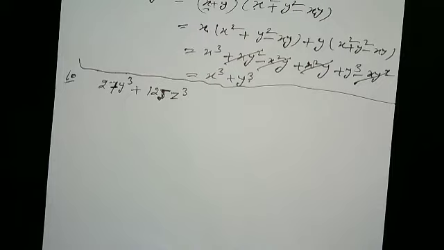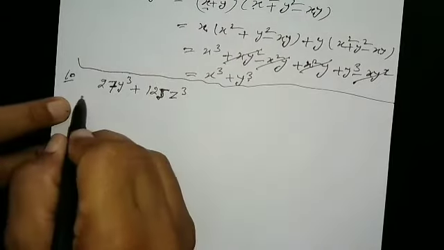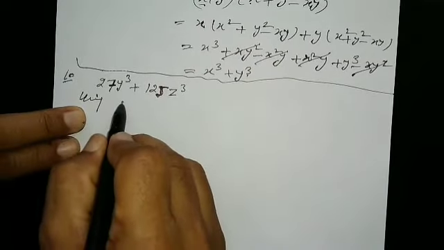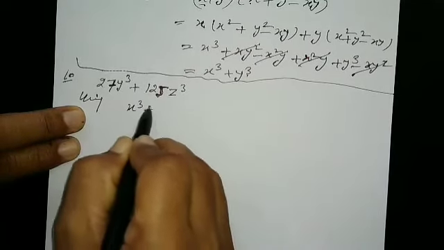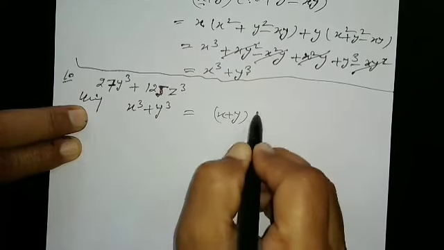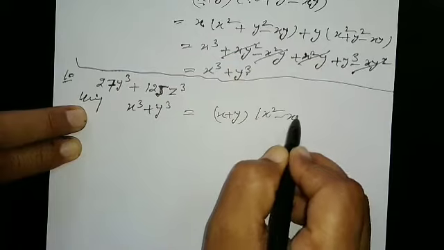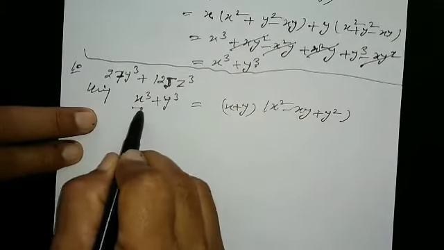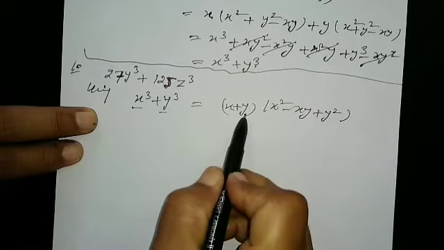You can see the identity as we have proved above, that is x³ + y³ equals (x + y)(x² − xy + y²). This is first plus second.